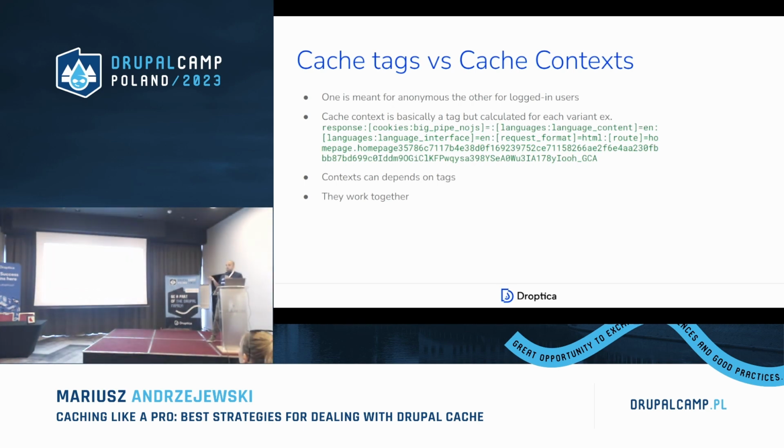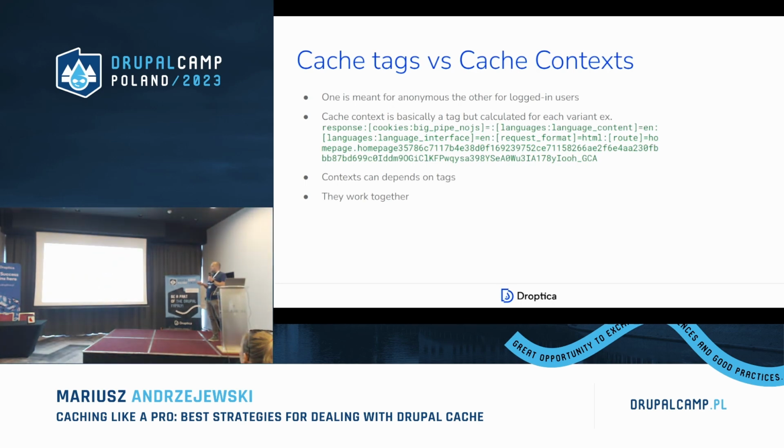These are some sort of variation of the same thing, and this depends on many variations. Here is an example of the important fact. The cache contexts are also kind of tags, but this tag is generated dynamically. Here you can see an example.